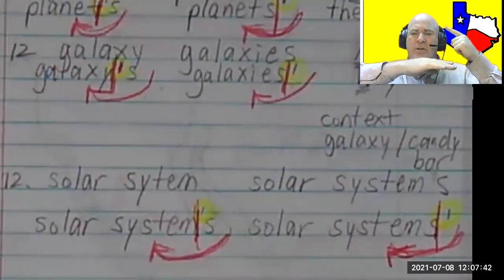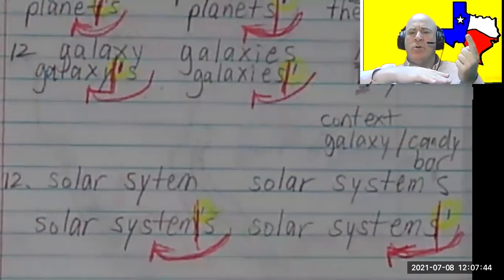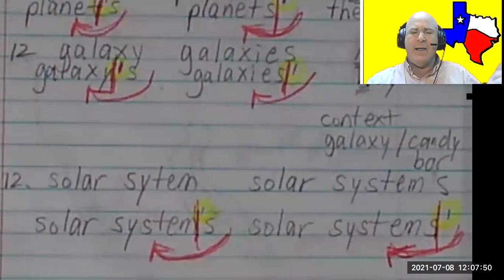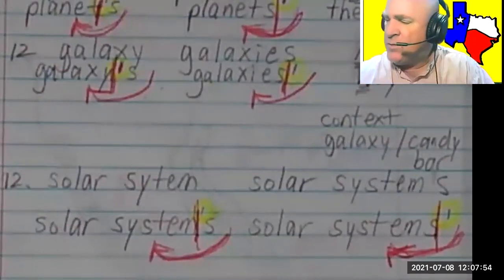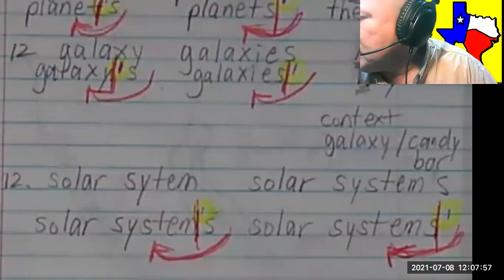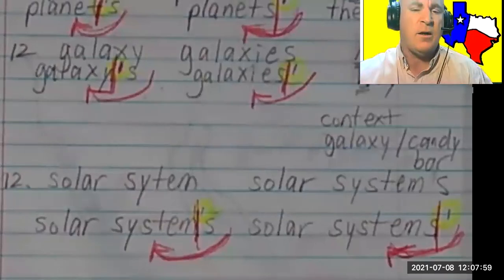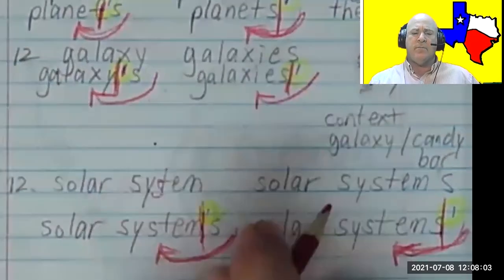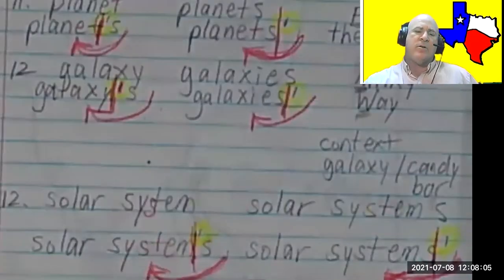If I want to start transitioning over to a computer, I've got to push the space bar one time between words. S-Y, and I see that I'm missing the S there. And so I would get that wrong because there needed to be an S right there. I did the second one correct.